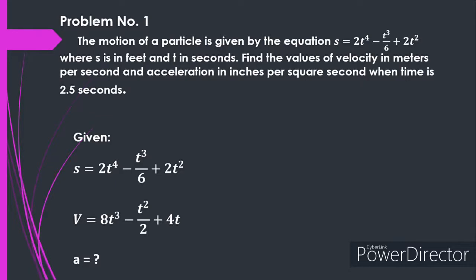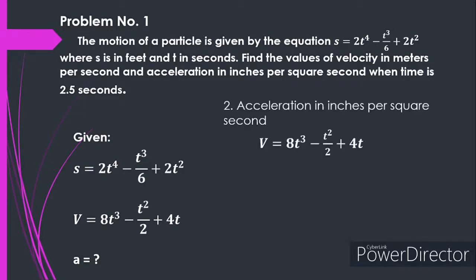And also, we're looking for the acceleration in inches per square second. So, using the formula of the velocity, ang formula ng acceleration natin is dv over dt. So, differentiate equation of velocity. A is equals to 24t squared minus t plus 4.